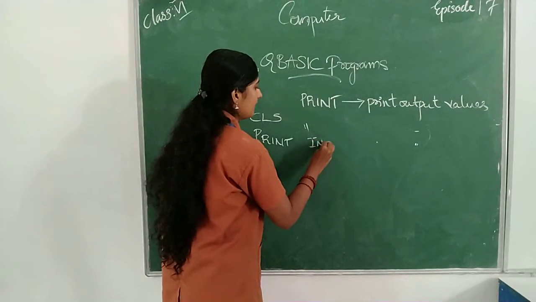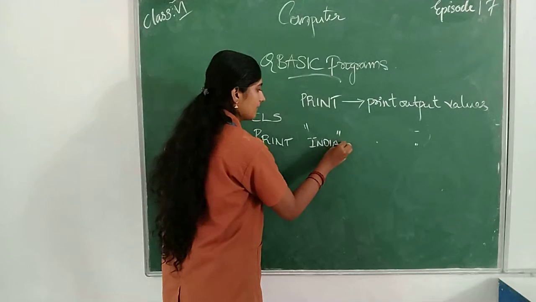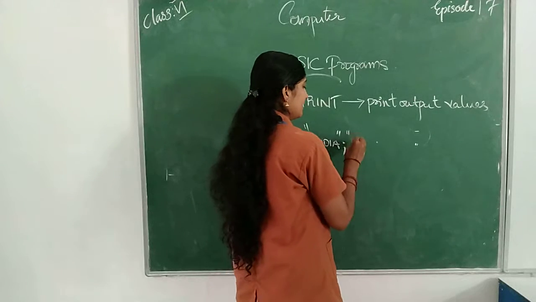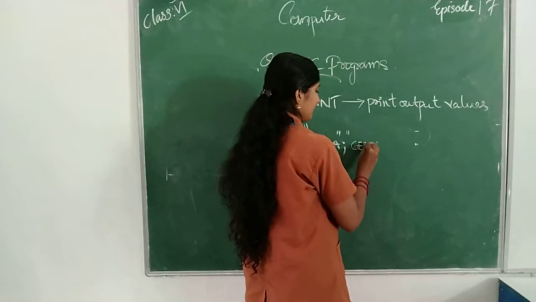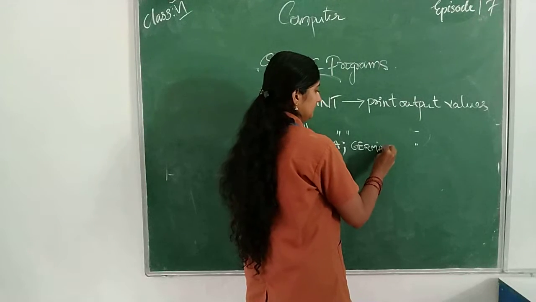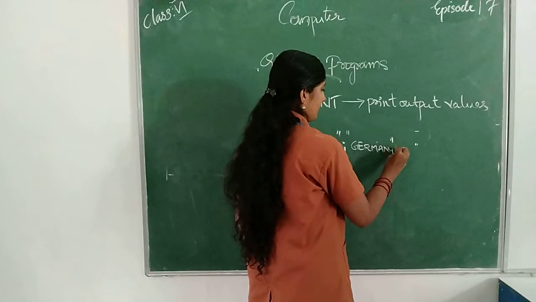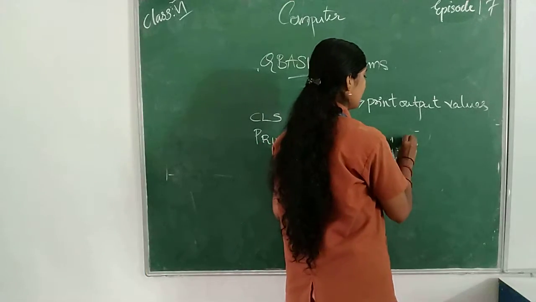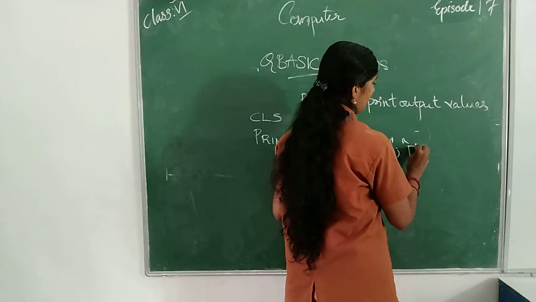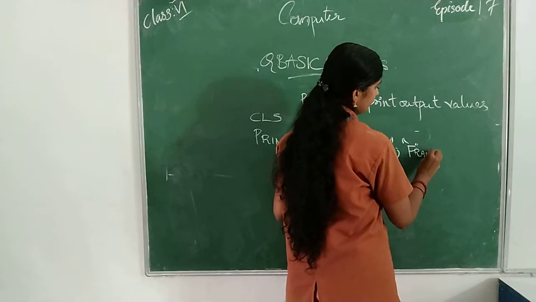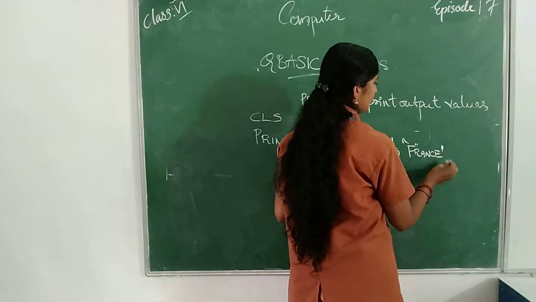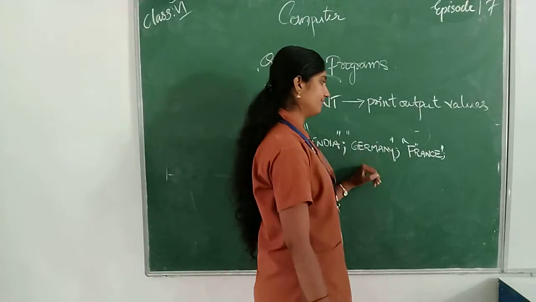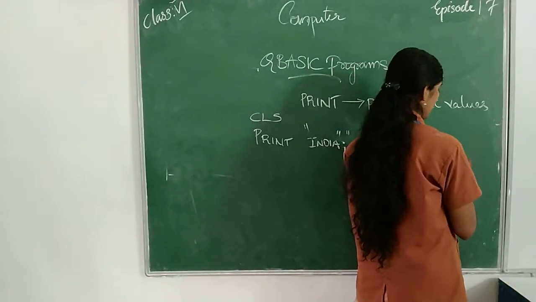For example, India, then a semicolon, then another country, Germany, then a semicolon, then France, and then another country, Australia.